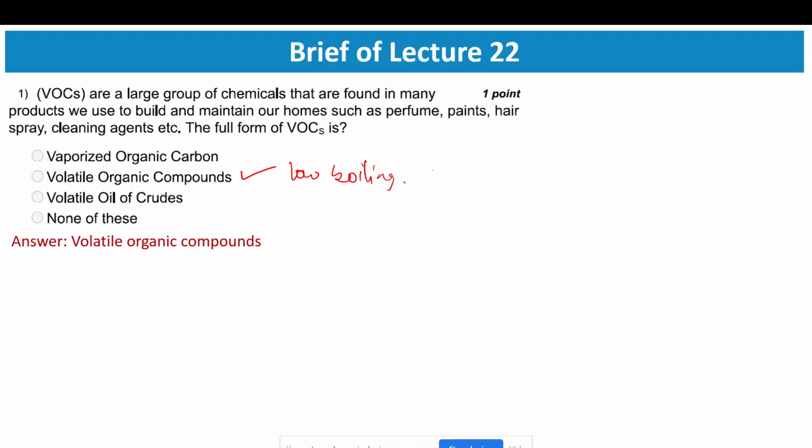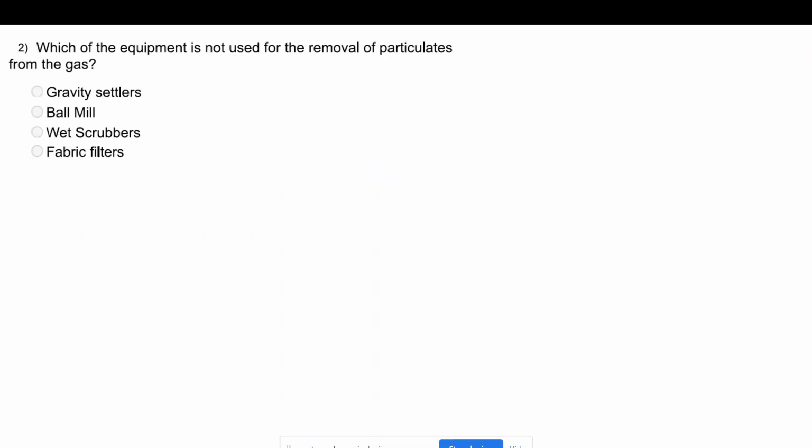Next question: which of the equipment is not used for the removal of particulates from the gas? Ball mill. Yes, ball mill is the correct answer. It is easy to eliminate from this.